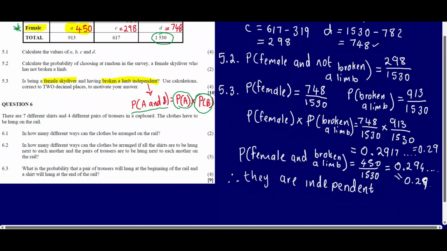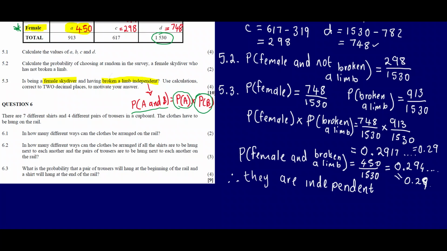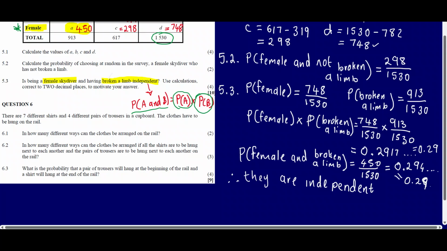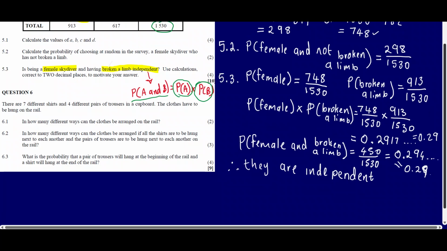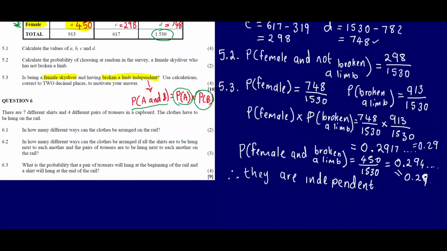So if you see that the answers are the same, then it means that the events are independent, right? I don't think the limb getting broken and the gender are dependent, but you can also do your own workings and you will see how we can do this. I hope you understand how to work these things out, and you will enjoy these calculations when they ask you the questions.